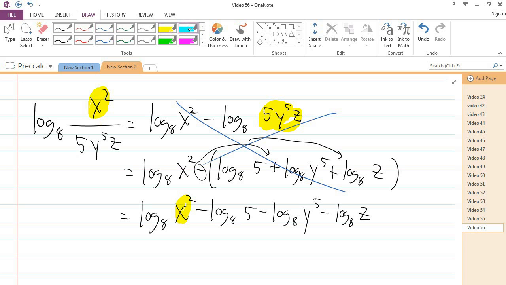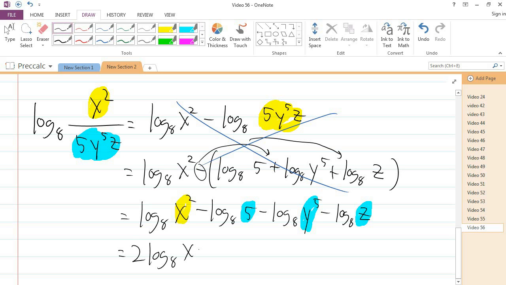Whatever is in the denominator ends up as a negative log. That's your shortcut. So if you have a fraction with a lot of things in it, anything in the numerator put in as a positive log, anything in the denominator put as a negative log. And then, of course, we should deal with these exponents.